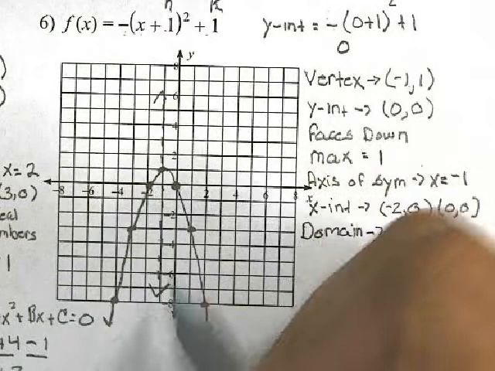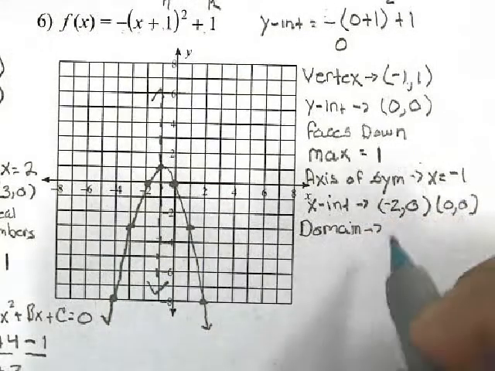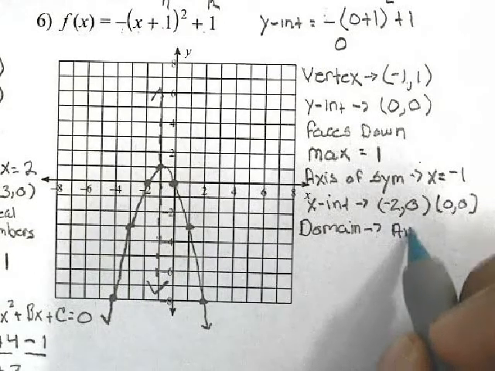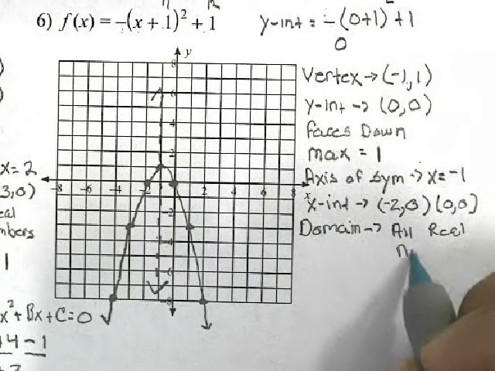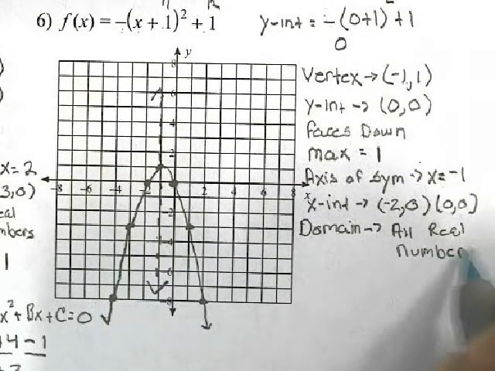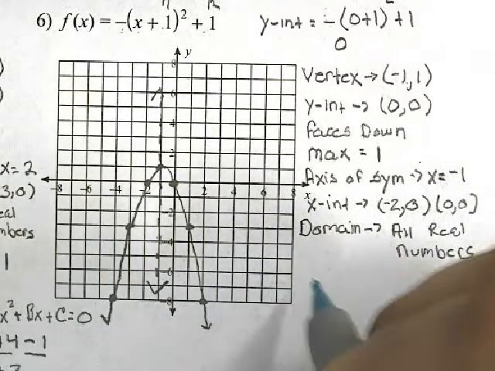Now, remember the domain. It's facing down. It has arrows. That parabola is just going to get wider. So it's still all real numbers. Now, the range.